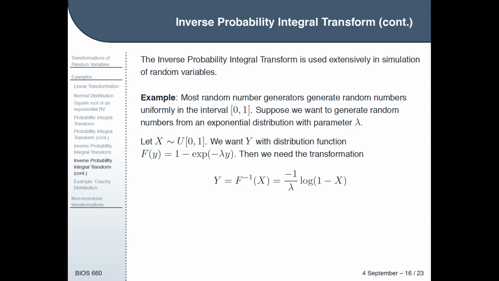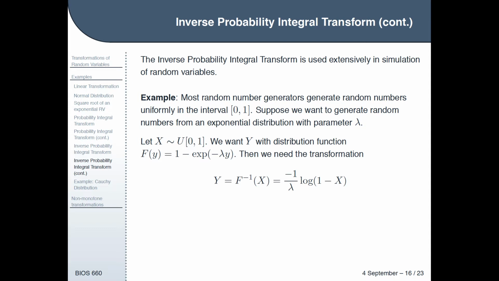Simple example here: say we want to generate random numbers that have an exponential distribution. So we know the CDF of the exponential distribution is 1 minus e to the minus lambda y. So we invert that. The inverse of that function is minus 1 over lambda times log of 1 minus x.